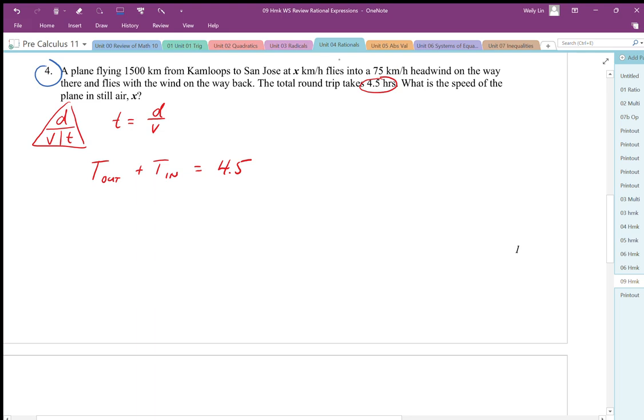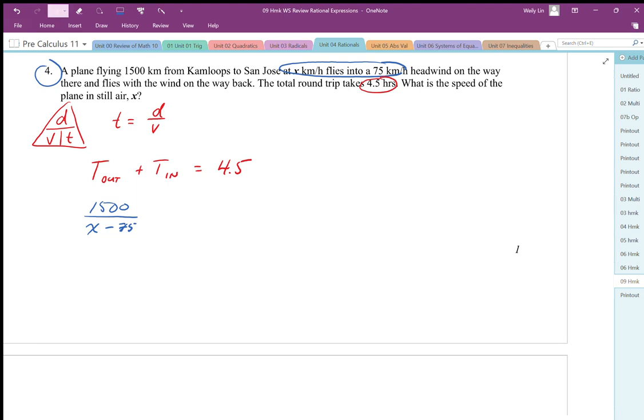So we just need to express this in terms of the time going out. When we fly into a headwind, we have the distance of 1,500 kilometers, and we take away the velocity of 75 kilometers per hour.